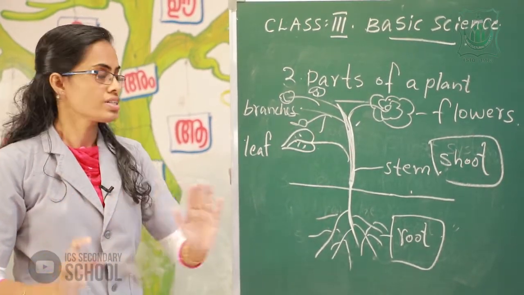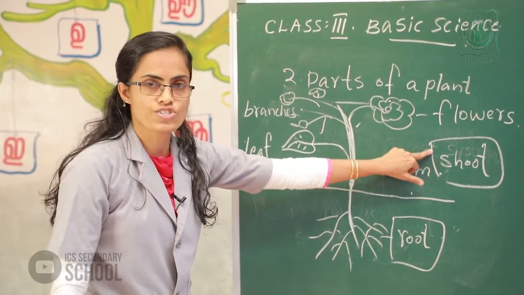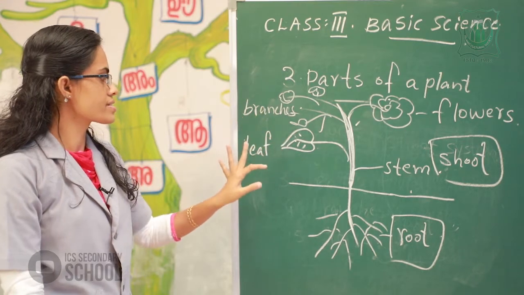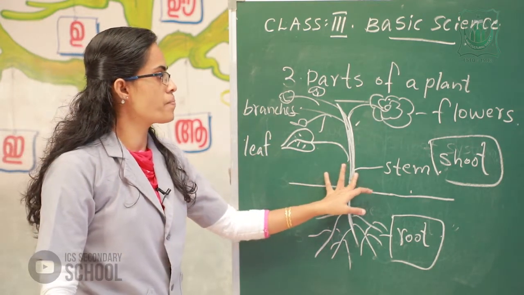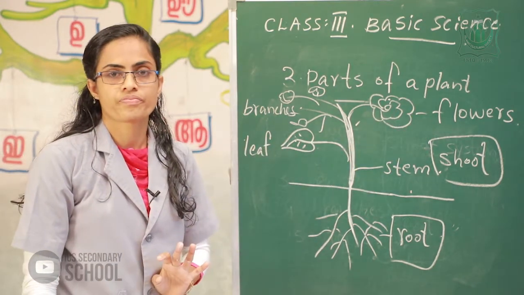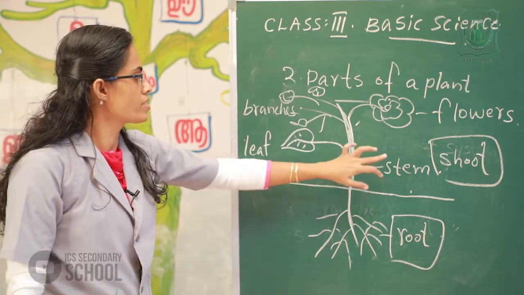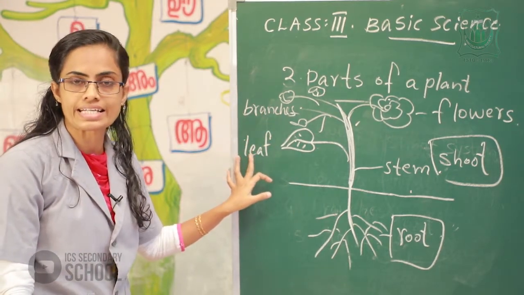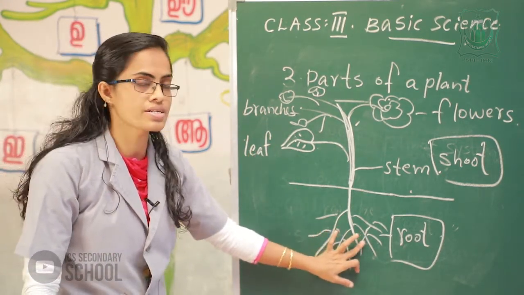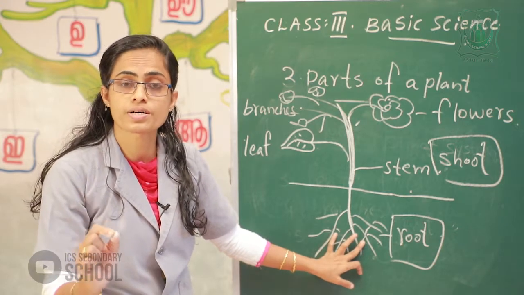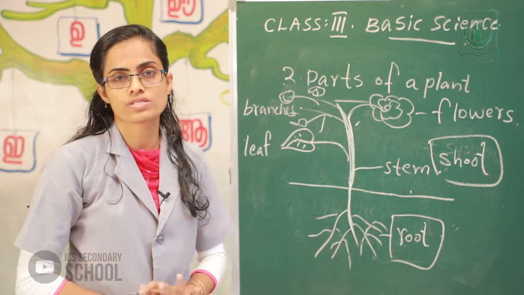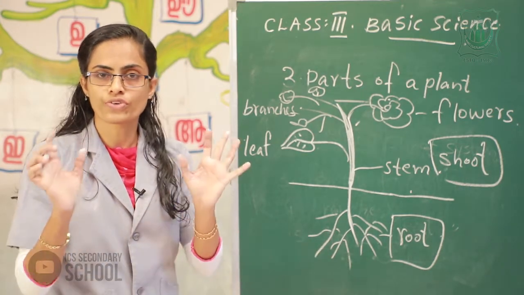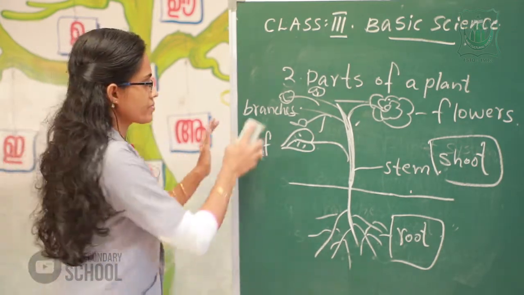The next, shoot system consists of branches, leaf, stem and flowers, and root system includes only roots. All of you clear? Yes.